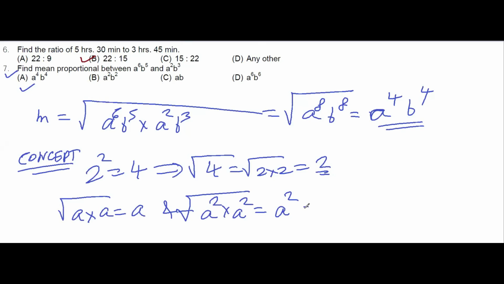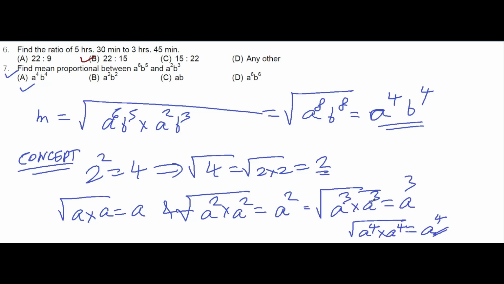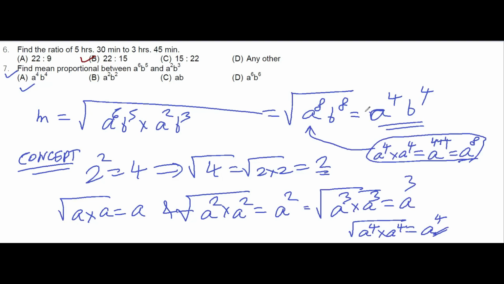Square root of a cube into a cube gives a cube. Square root of a to the power of 4 into a to the power of 4 gives a to the power of 4. And a to the power of 4 into a to the power of 4 is nothing but a to the power of 4 plus 4, that is a to the power of 8, by law of indices. Therefore, square root of a to the power of 8 is a to the power of 4, and square root of b to the power of 8 will be b to the power of 4. Okay, understood that?